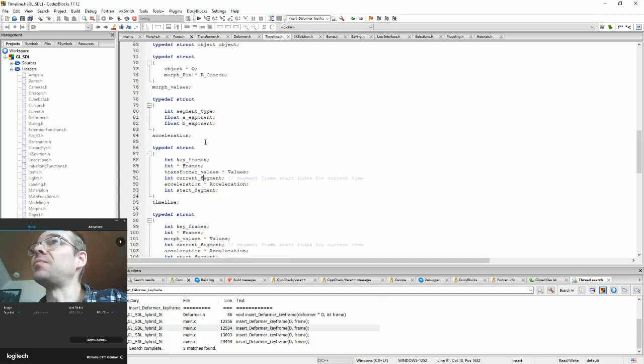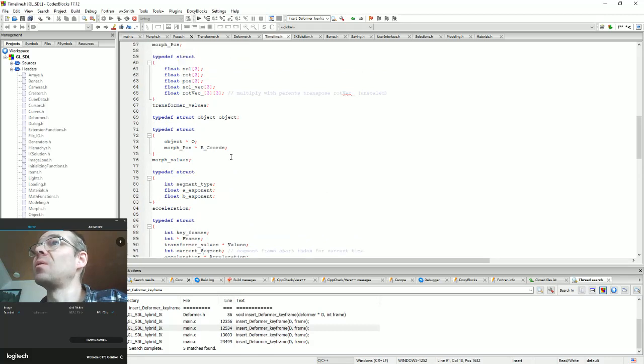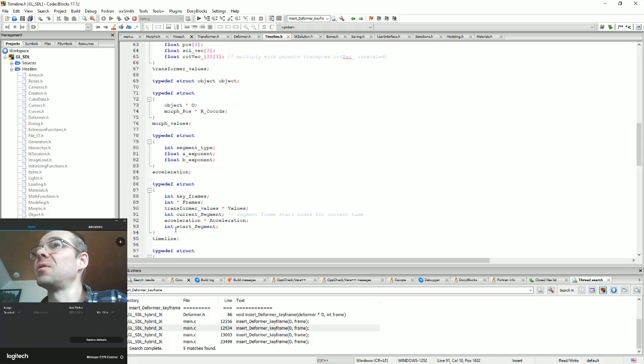And then we should maybe improve this timeline structure and create a trajectory element here.